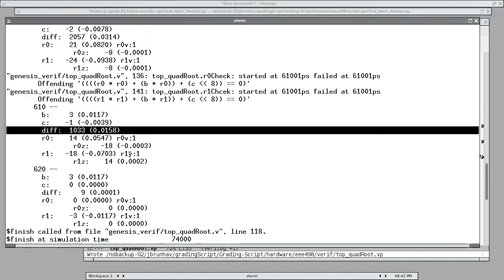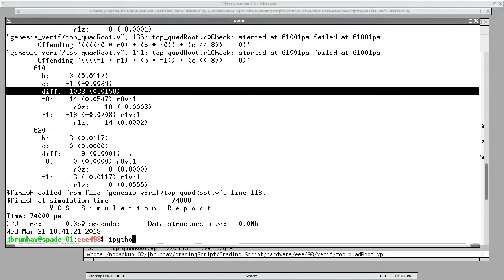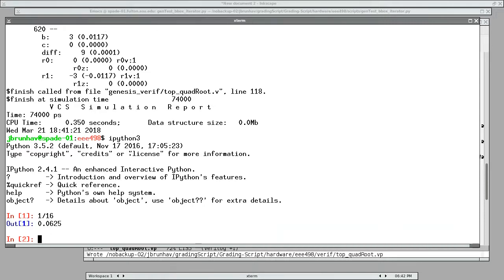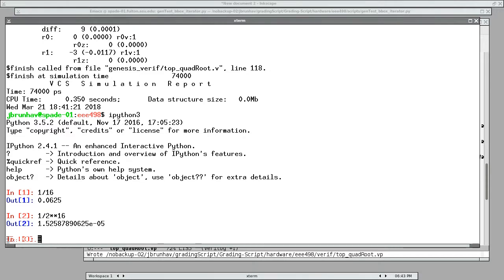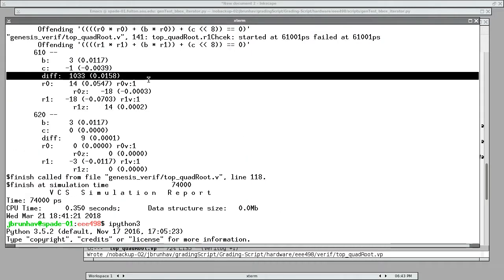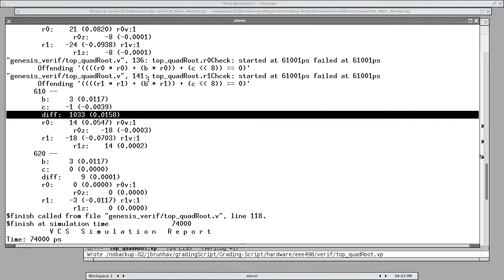What is a 16th? Divided by 16 is, no. So 1 over 2 to the 16. Yeah, so that's 4 zeros. Okay. So it's wrong.